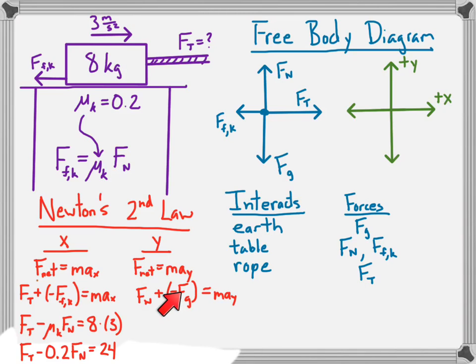Now we can replace Fg with m times g, and I also know that this object is not accelerating in the y direction, so the entire right-hand side will equal 0. So what I have here is Fn, normal force, minus mg equals 0.